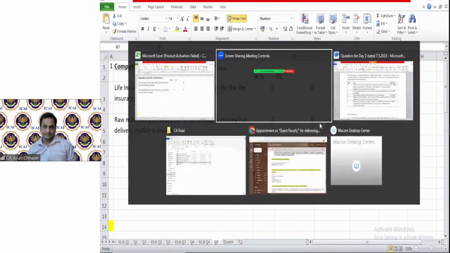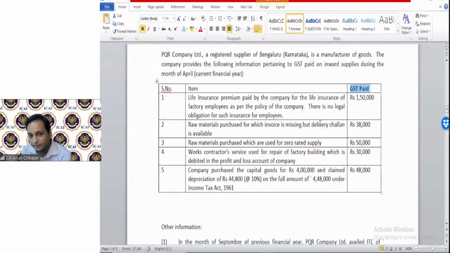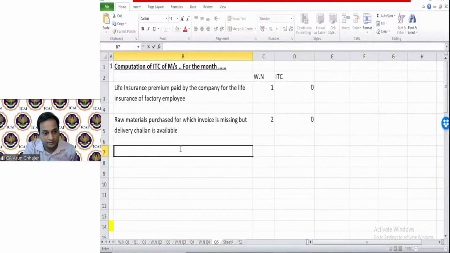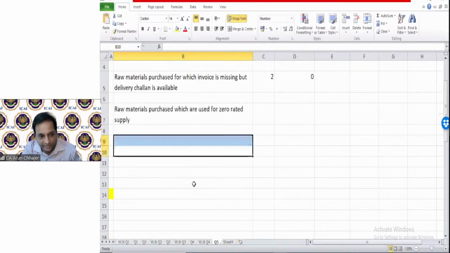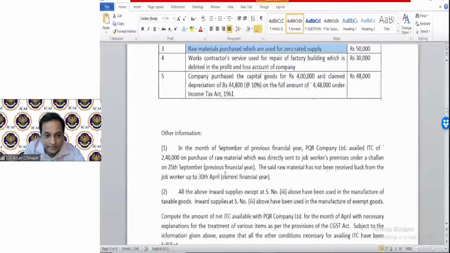Then the third: raw material purchase which is used for zero rated supply. What is written at the bottom? They are saying to avail the ITC of 2,40,000 on goods directly sent to the job worker.